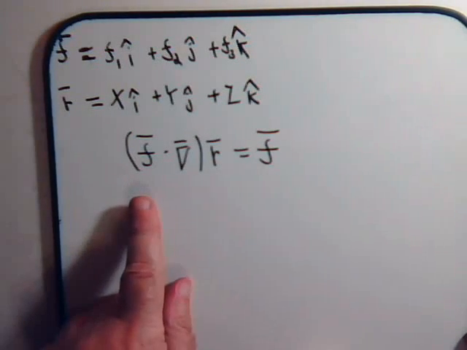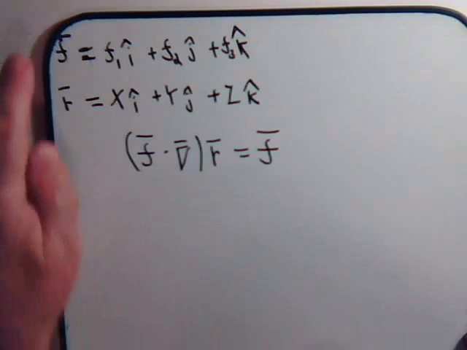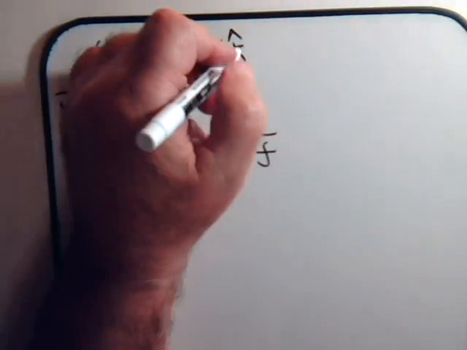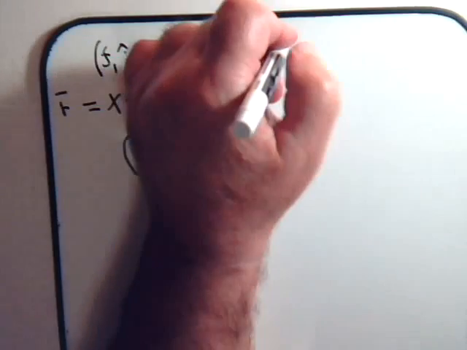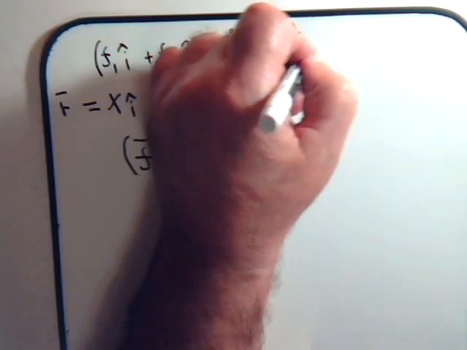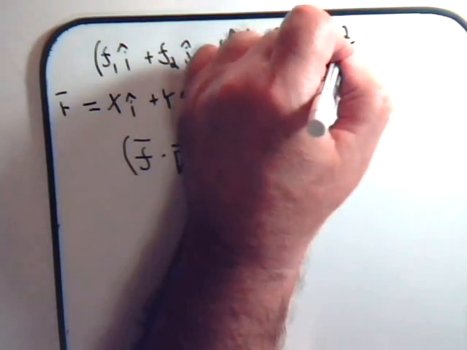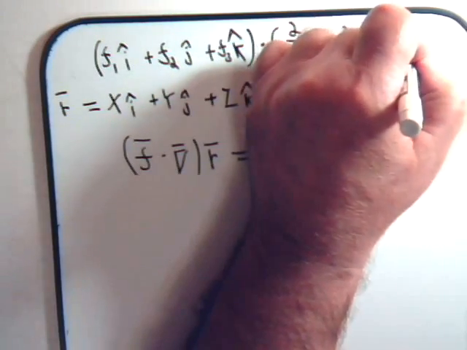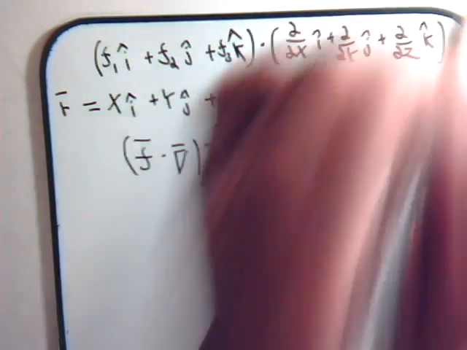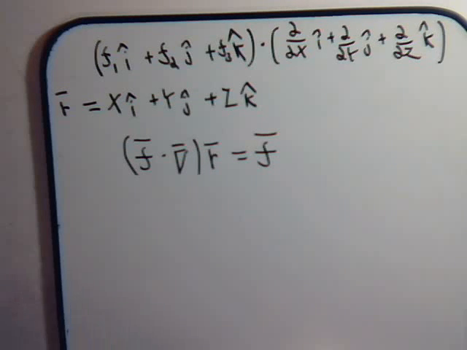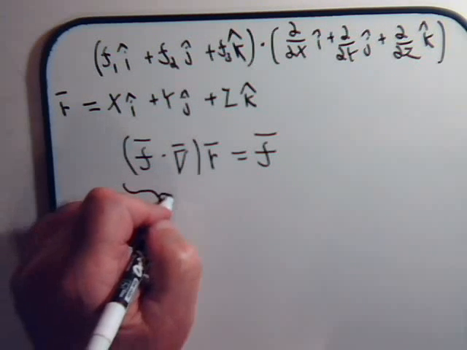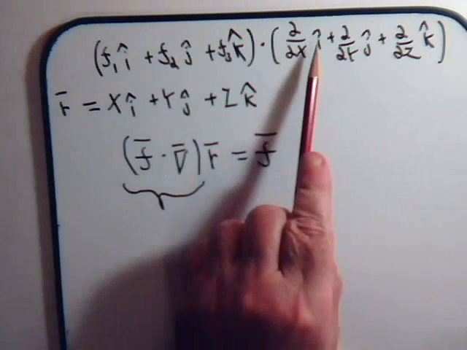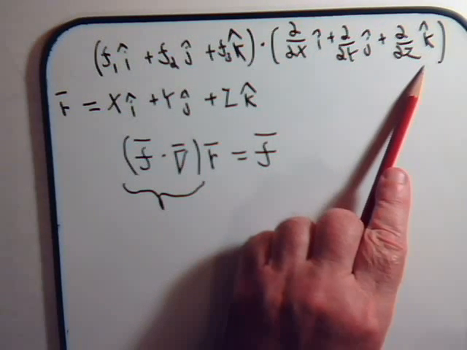So the first part of the expression is F dot the del operator. So let's take that dot product now. Here's vector F. Take the dot product with our del operator. And if we take that dot product, what do we get? So i dot i is 1, i dot j and i dot k, of course, are 0.